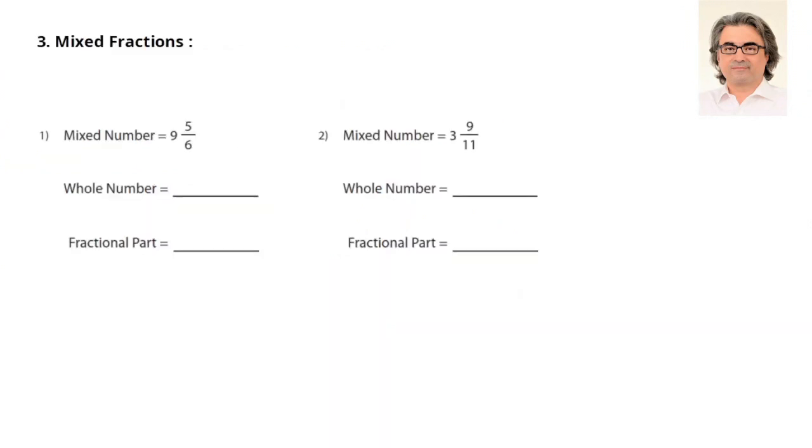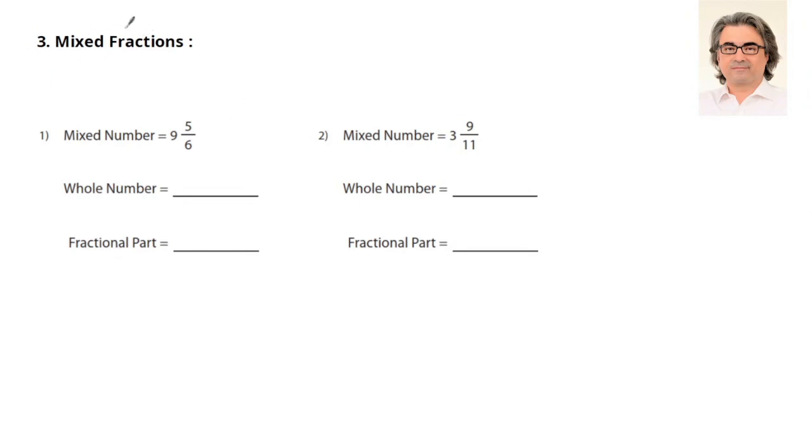Mixed fractions. A mixed fraction is a fraction which has two parts. One of the parts of this type of fraction is a whole number, and the second one is a fractional part.